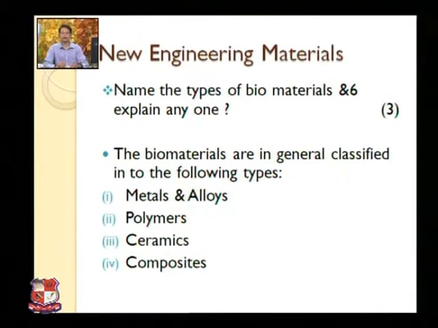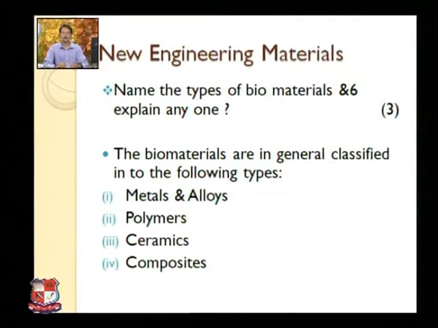While writing the types of biomaterials, you can write and explain any one of them, and you can obtain 3 marks for it. As I have shown you in this presentation, you can get information on what should be the proportion to answer this question for 3 marks.